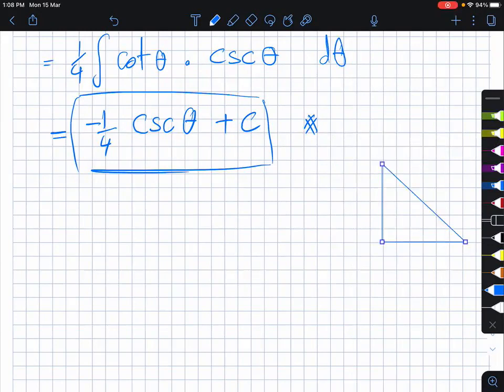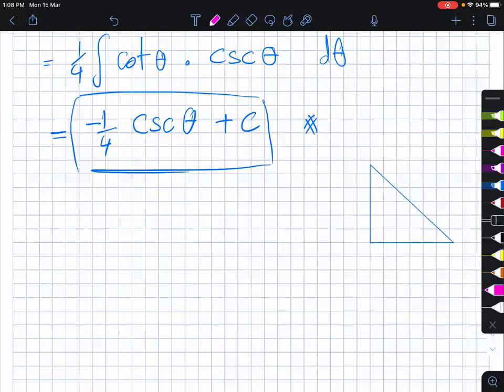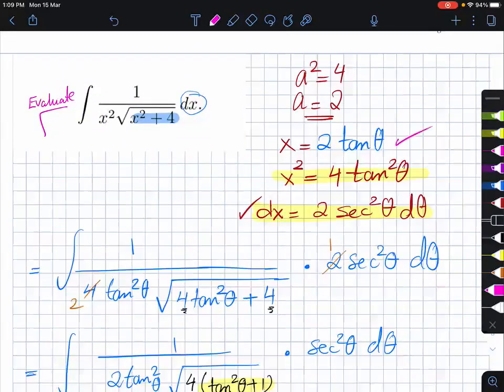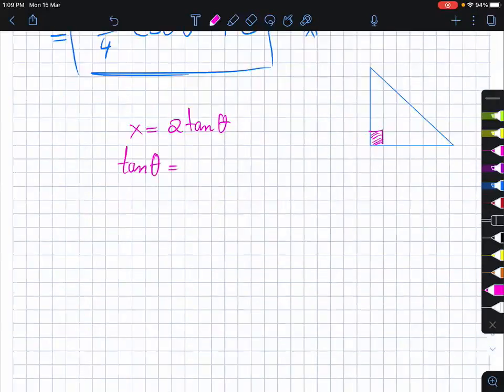We should find the value of theta, so we see what cotan theta is, to convert it to x. Right triangle. In the beginning, guys, we said x equals 2 tan theta. The first step here, we let x equal 2 tan theta. So what's tan theta here? Tan theta equals opposite over adjacent, so it's x over 2.